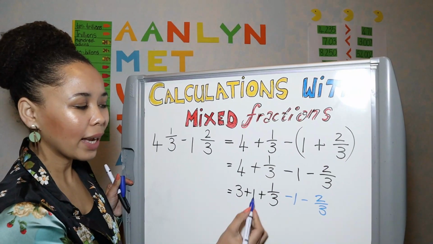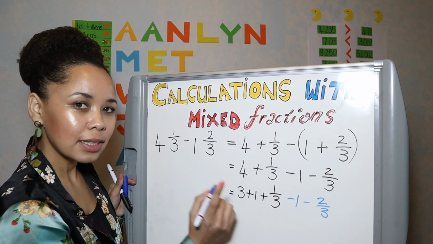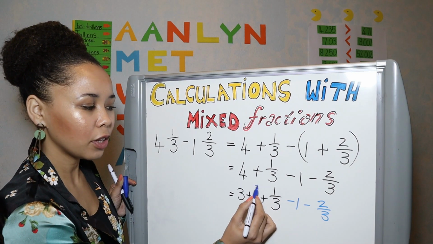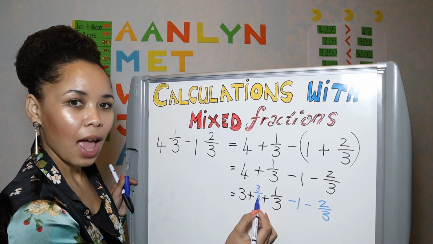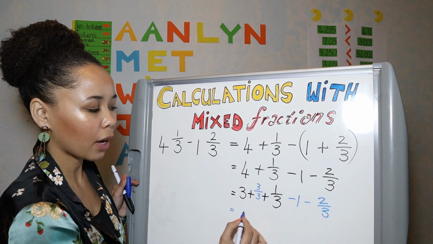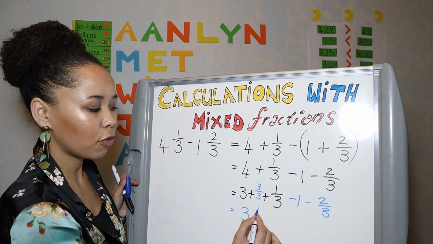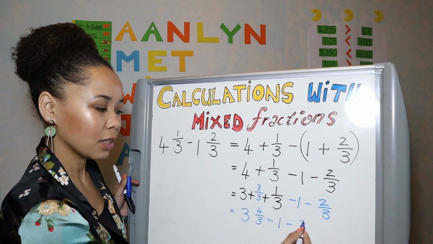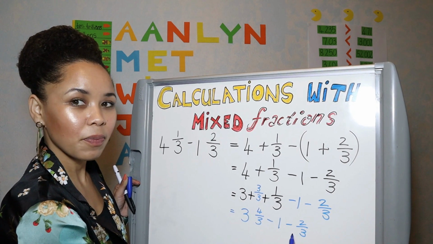Right, so now I can rewrite this 1. Since the denominator is a 3, I can write this 1 as 3 over 3. And from here, I can now add up these two numbers. So this can become 3 and 4/3 then, minus 1 minus 2/3.